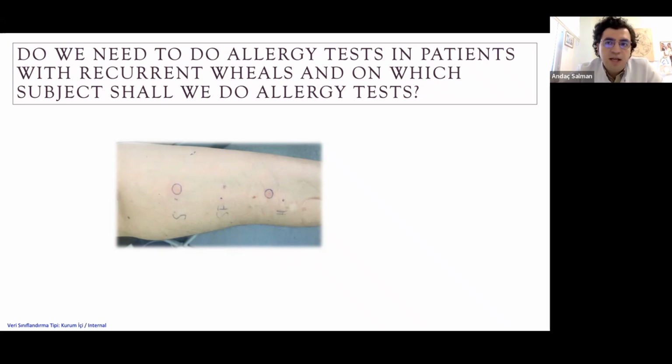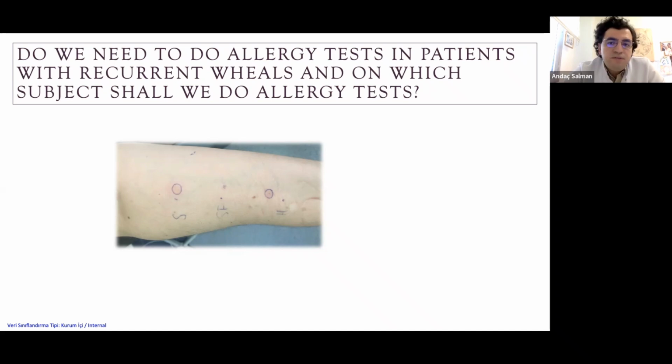And so allergy testing, I mean the prick testing, is seldom indicated in chronic urticaria patients. But the patients are usually looking for some centers to do some allergy testing and to see the underlying causes. And this causes loss of time and loss of money for the patients. And I see this as a common problem.